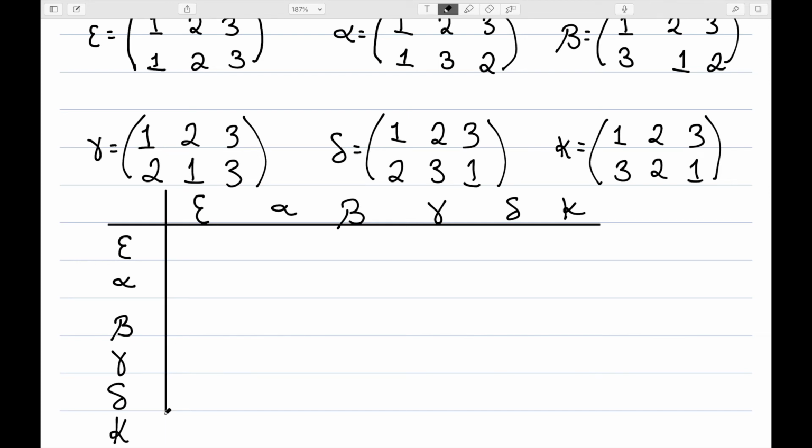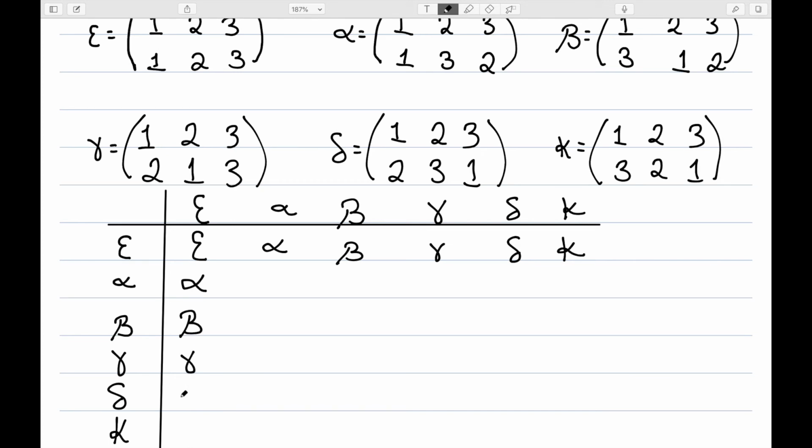Since epsilon is the identity, it doesn't change anything, so everything stays where it is. And now I want to do the rest. And we have to remember that we're doing composition. So first, alpha composed with epsilon. Well, anything composed with epsilon is going to be itself, since that's the identity element.